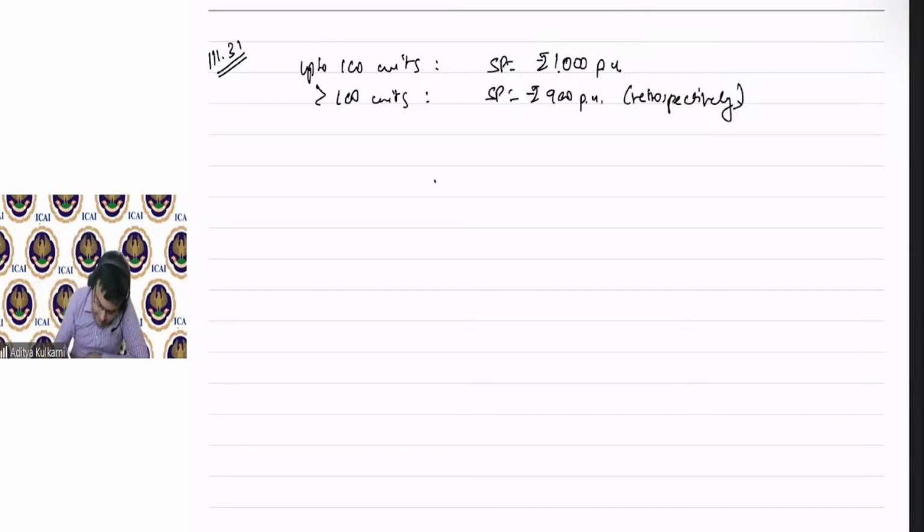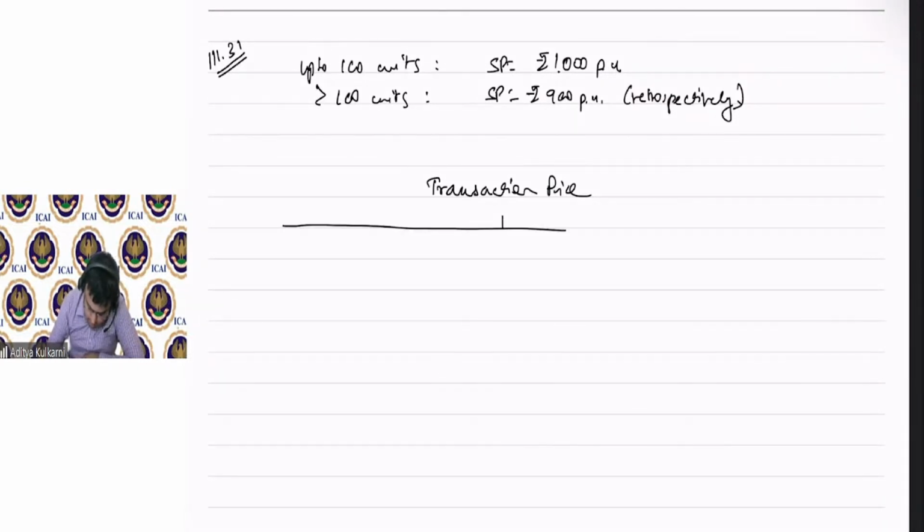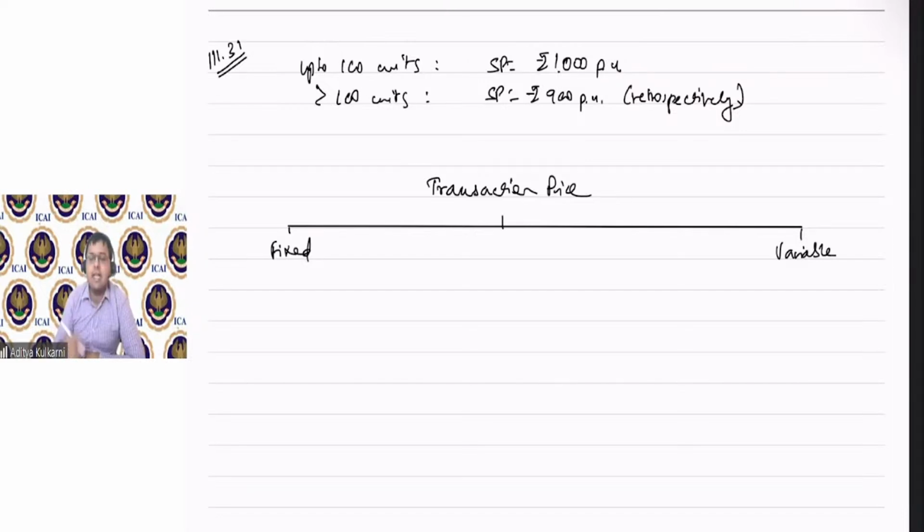So my transaction price looks something like this. Fixed, variable. Whether you sell up to 100 or beyond 100, 900 is guaranteed.